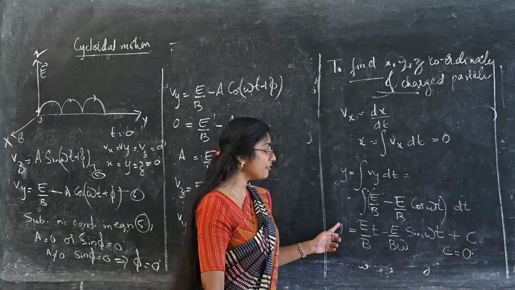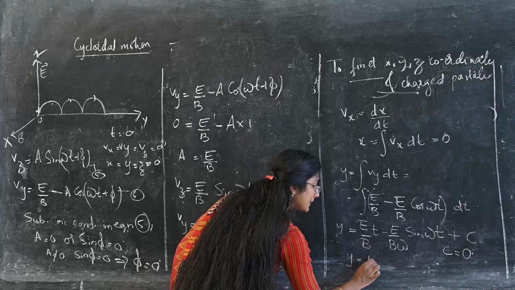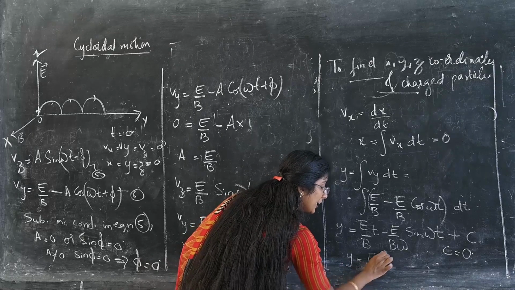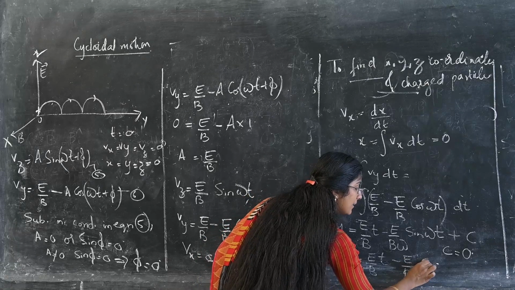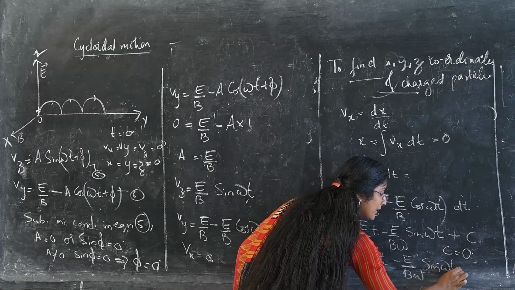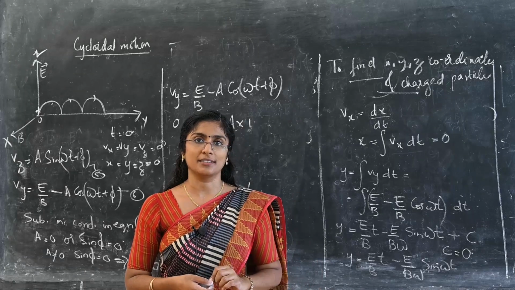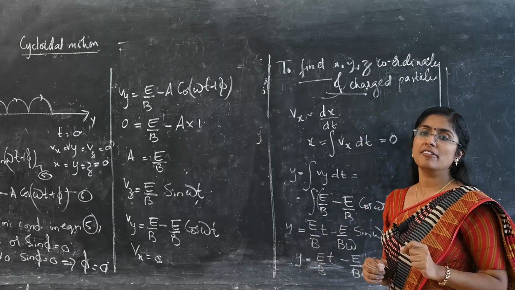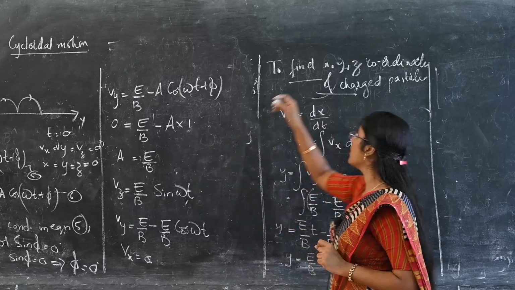So what is the equation for my y? I get the y coordinate as E by B into t minus E by B omega sin omega t. So I have determined x and the y coordinate. Next, finally we have to find out the z coordinate from the z component of velocity.